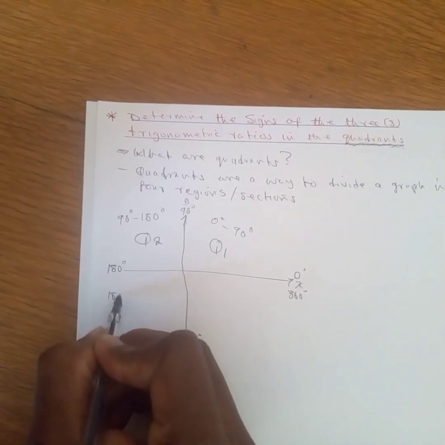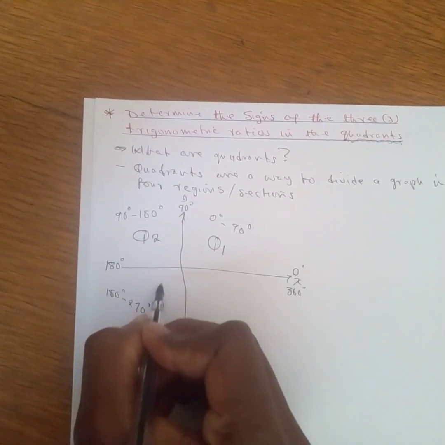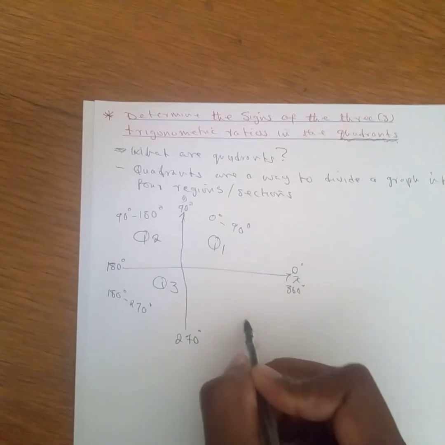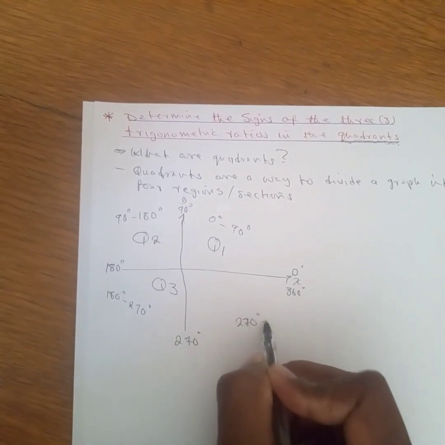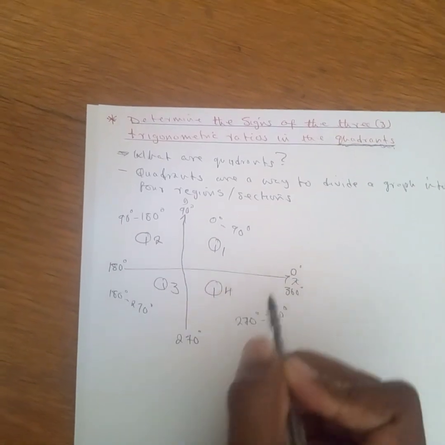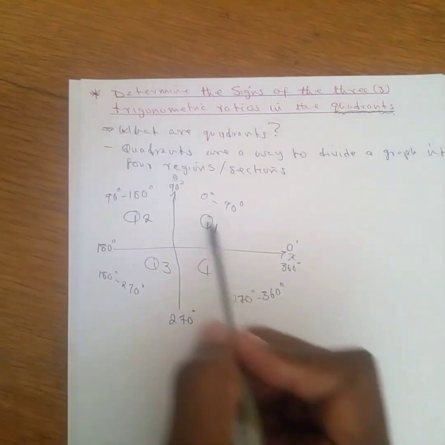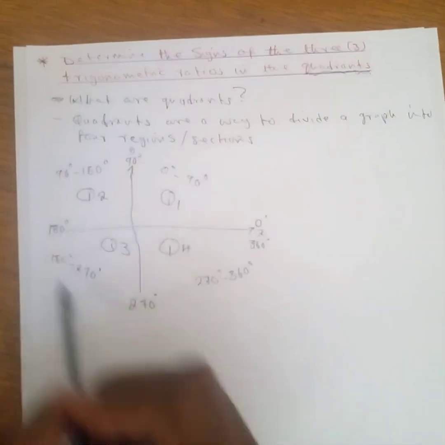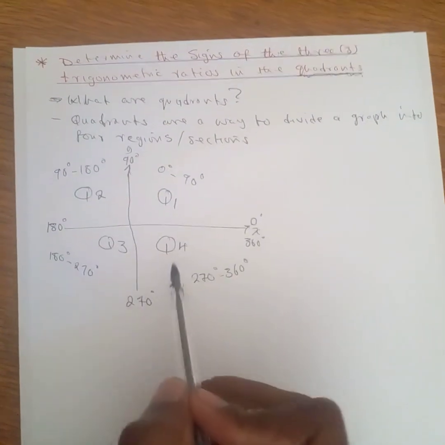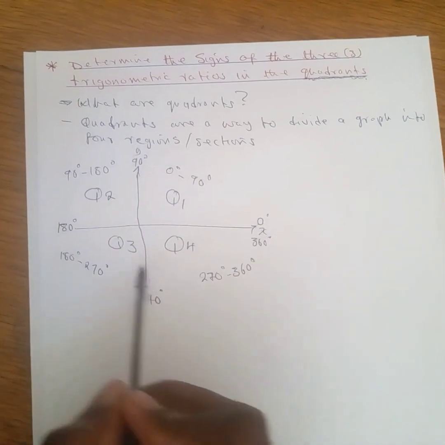From 180 degrees to 270 degrees is quadrant 3. From 270 degrees to 360 degrees is quadrant 4. Hence, this is where the quadrants fall in, dividing the whole Cartesian plane or the graph into four equal parts.